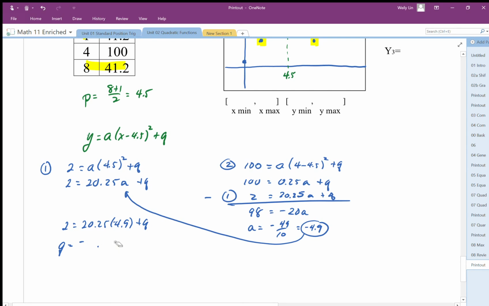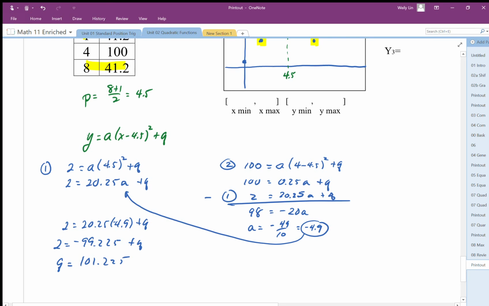Oops, sorry, we're going to subtract that from 2, so let me just write this out. So this is negative 99.225 plus q. Solving for q, we get 101.225.